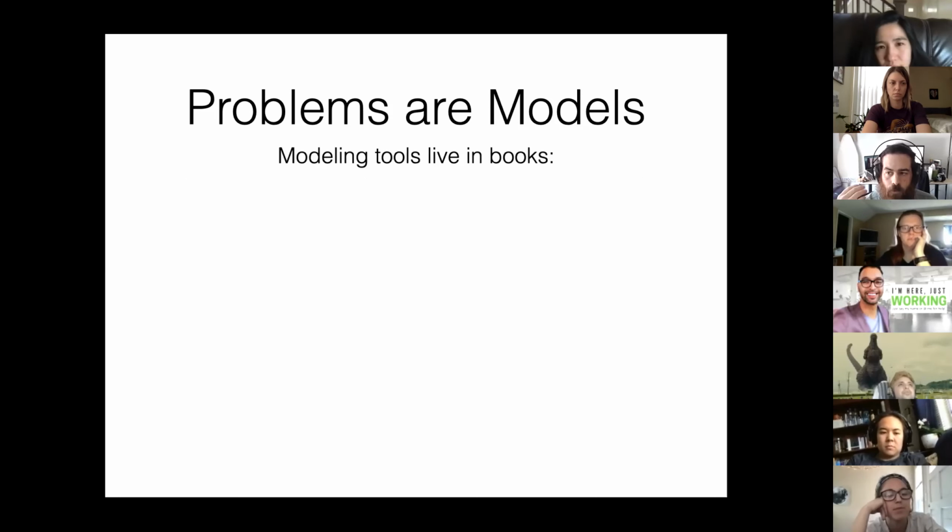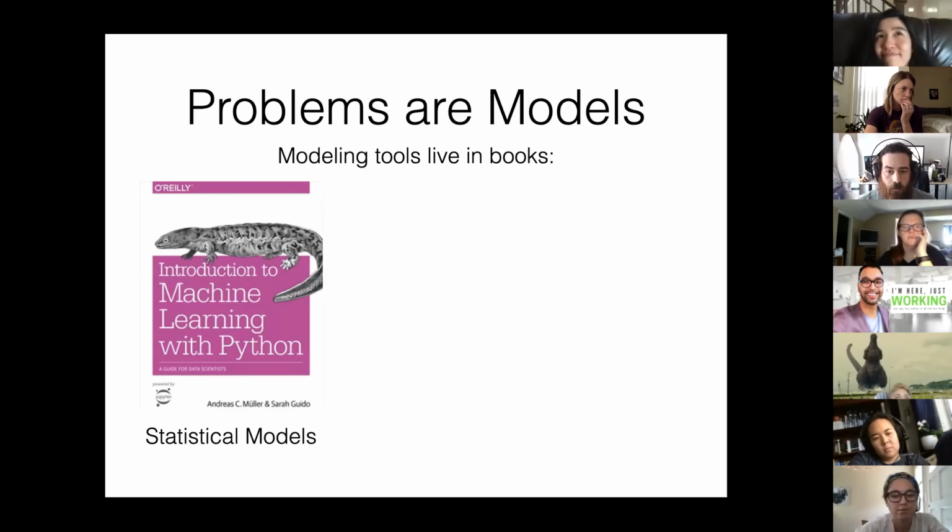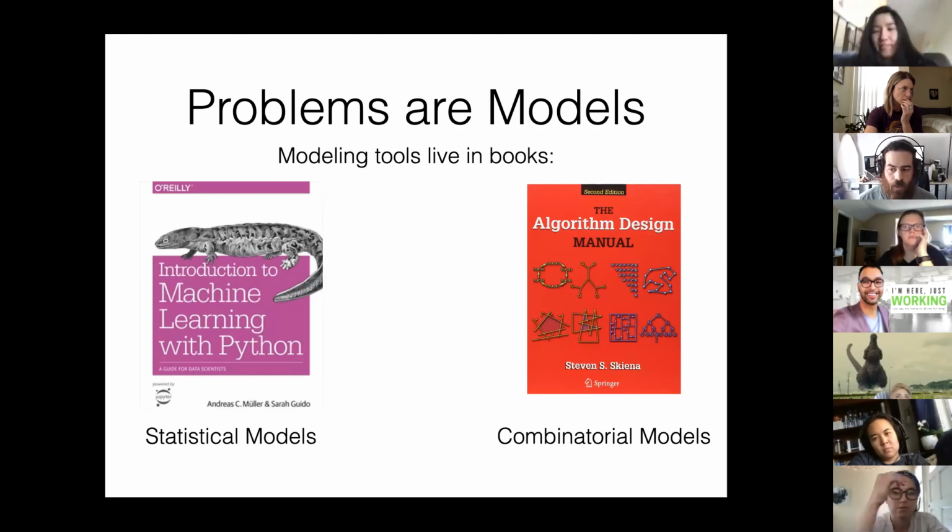Okay, so roughly, modeling tools live in books, and they live in two different kinds of books. The first kind, which has gotten a lot of press recently, is statistical models, also known as machine learning. The other kind, which has gotten a lot less press, even though it should, because they're more common and more successful, arguably, is combinatorial models.